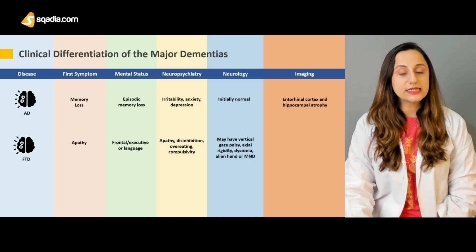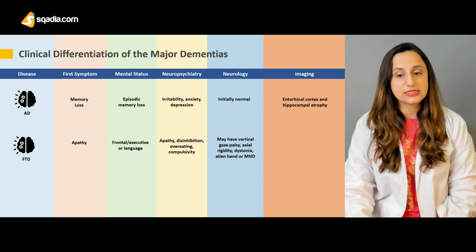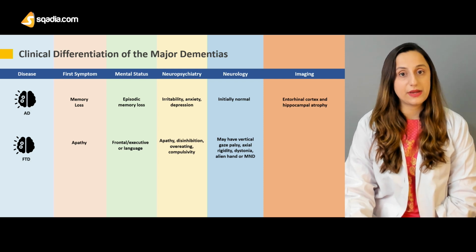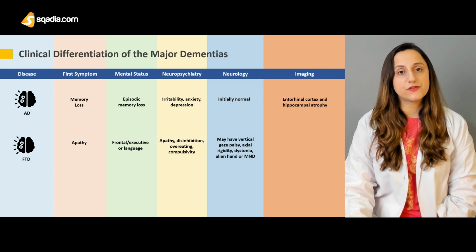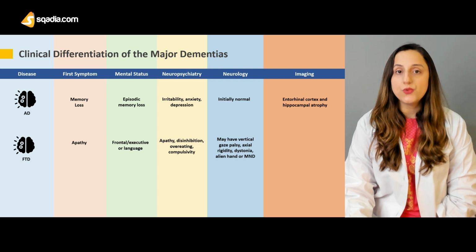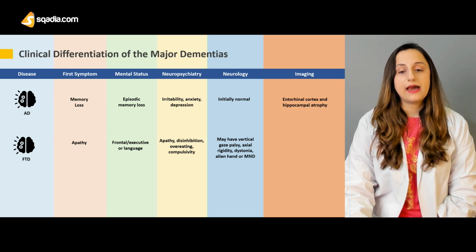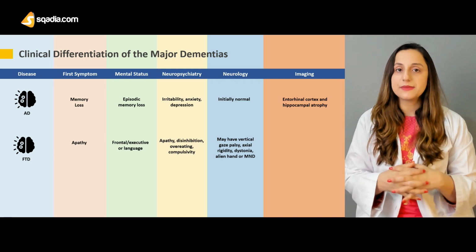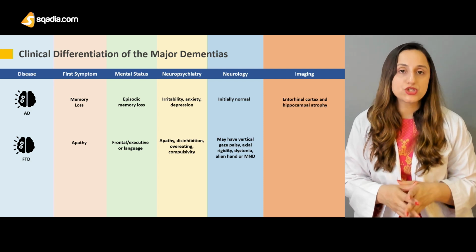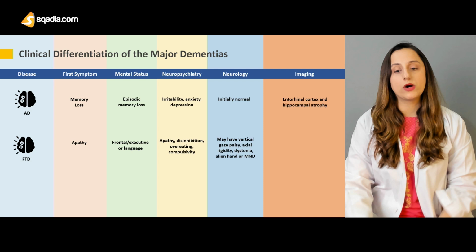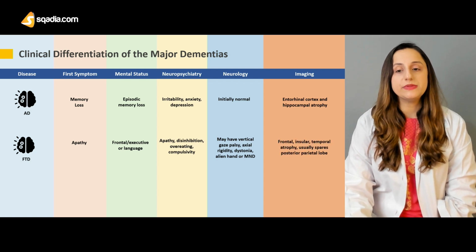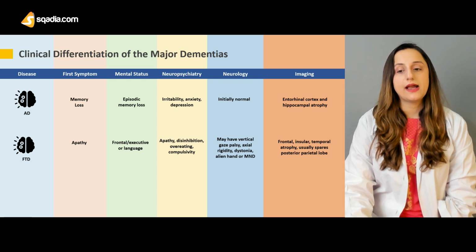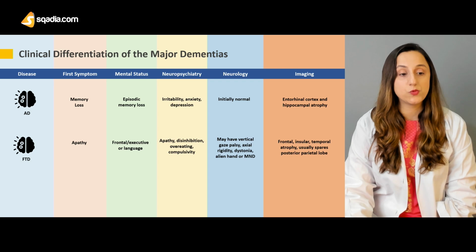They may have vertical gaze palsy and axial rigidity, which means that the trunk is involved in the rigidity and the limbs are spared. Dystonia is one of the features, in which the overall tone of the muscles is affected. And then we have a condition known as alien hand, in which sometimes there is a constant posture maintained by one of the hands. On imaging, we'd have frontal, insular, and temporal atrophy, and it usually spares the posterior parietal lobes.